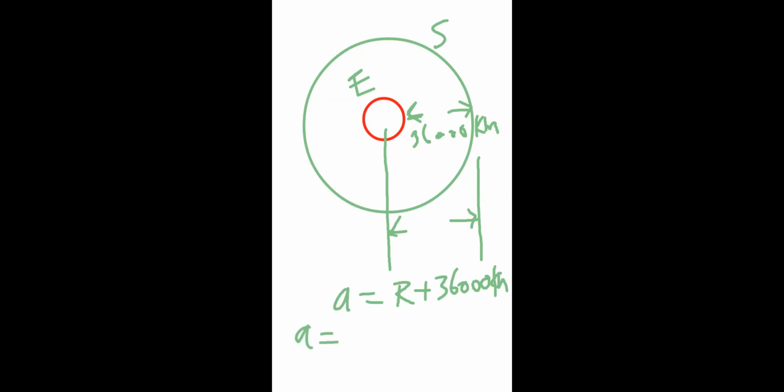The radius of the earth is 6,000 kilometers, so the orbit radius is 42,000 kilometers. You should know the differences. The overall orbit radius from the center point of the earth is the radius of the earth plus the distance between the surface of the earth and the satellite.